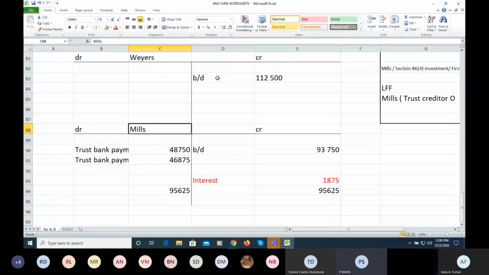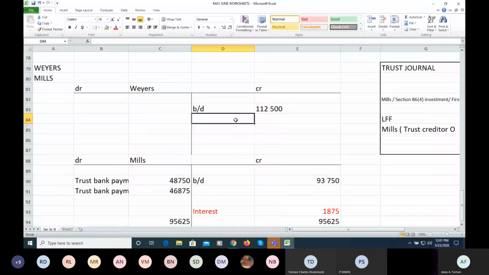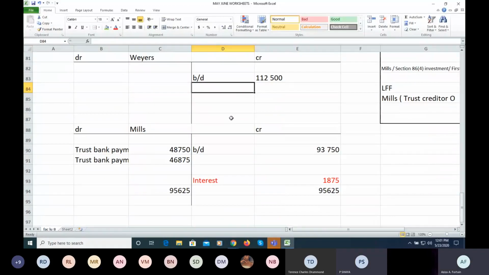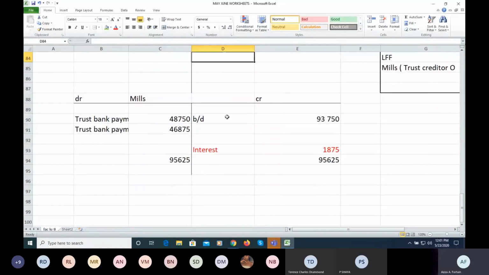So I guess I got it wrong, because if the balance brought down, well, let's start with VS. His balance brought down is 112,500, and then he requested for 58,000 to be invested. So I went on the debit side and I put in 58,000 because it affects his balance at the end of the day. Okay. Yeah, I know that's right.